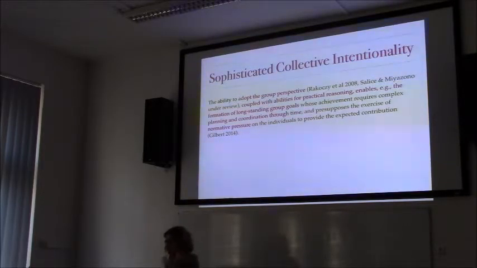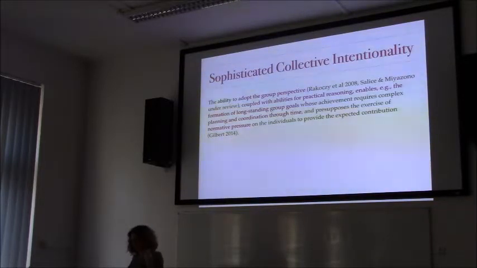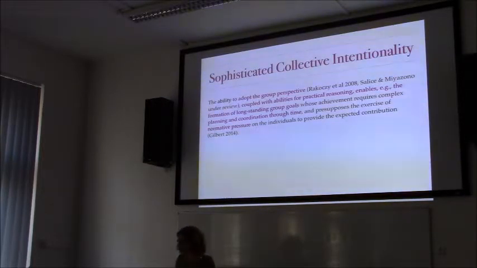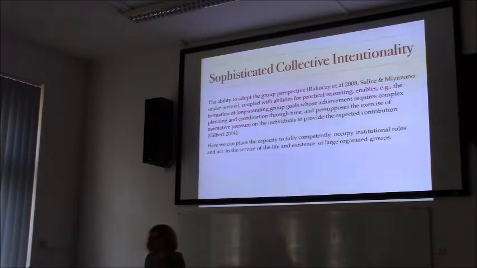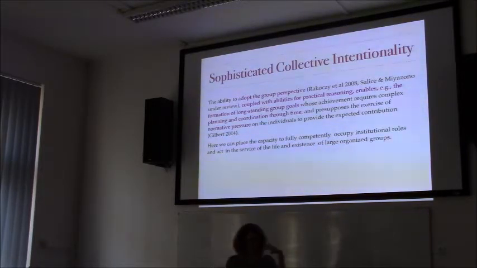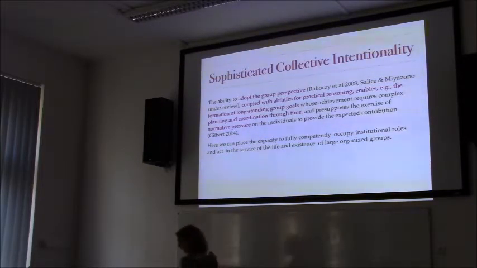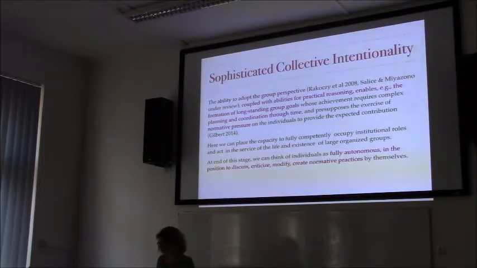And we can think of these capacities of practical reasoning as involving the formation of long-standing goals that require more complex planning, coordination through time, and also presuppose normative pressure on individuals to provide expected contributions. Here you have more complicated collective intentionality. And this capacity to think in very complicated terms of contributing to a group goal is connected with the ability to occupy institutional roles and act in the service of the life and existence of large organized groups.